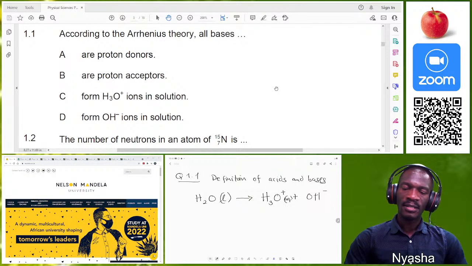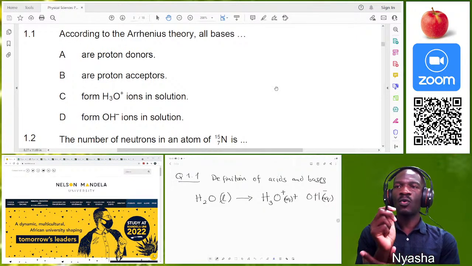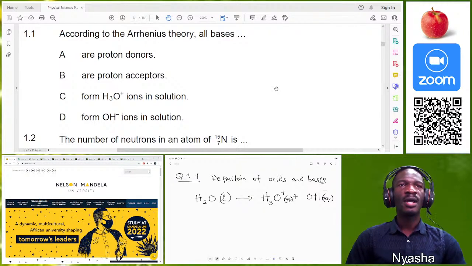These are in aqueous state. The first task that we have is to balance this equation, just for correctness, because as chemists, I'm sure you know that it's necessary to have everything looking correct, right? And everything has to be actually correct.